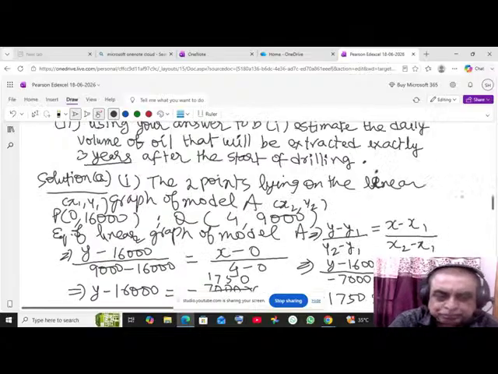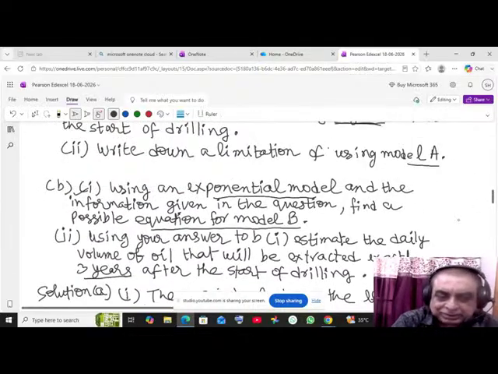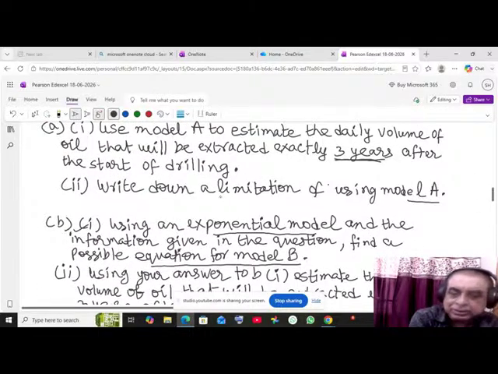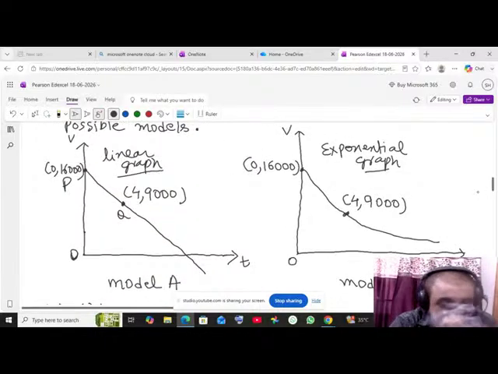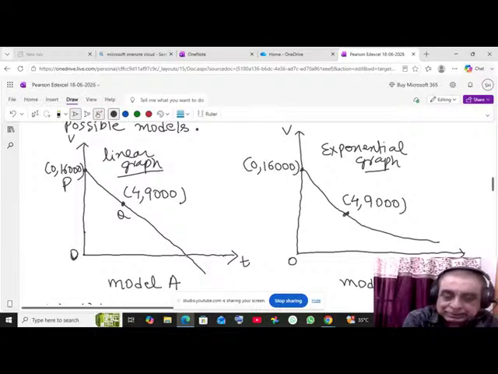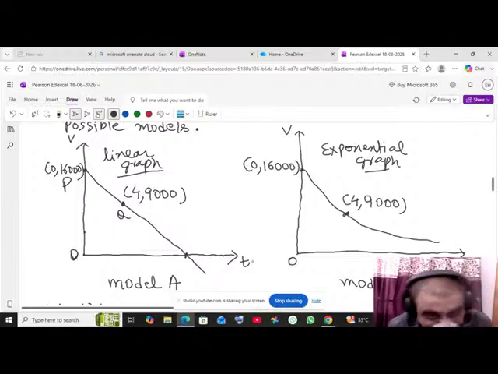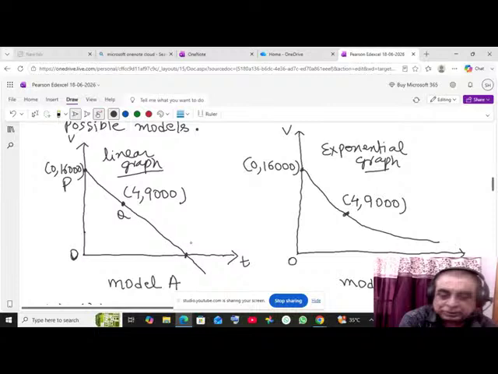Now the second part of A, what is it asking? Write down the limitation. Now see here. Limitation is here. You watch. See here. This linear graph is here crossing the x-axis, that is the t-axis, time axis, at this point. Suppose this point we call M. So the M is the point where the linear graph is cutting the t-axis.